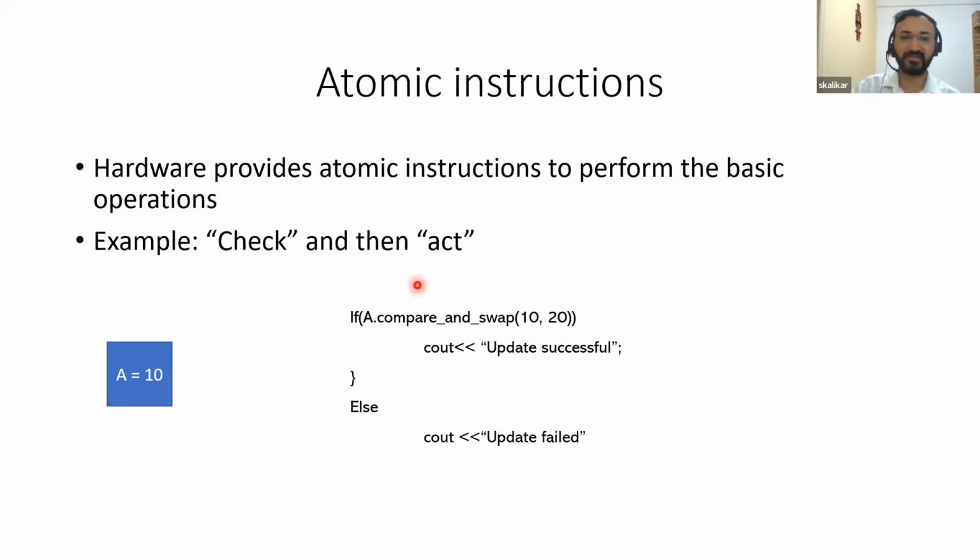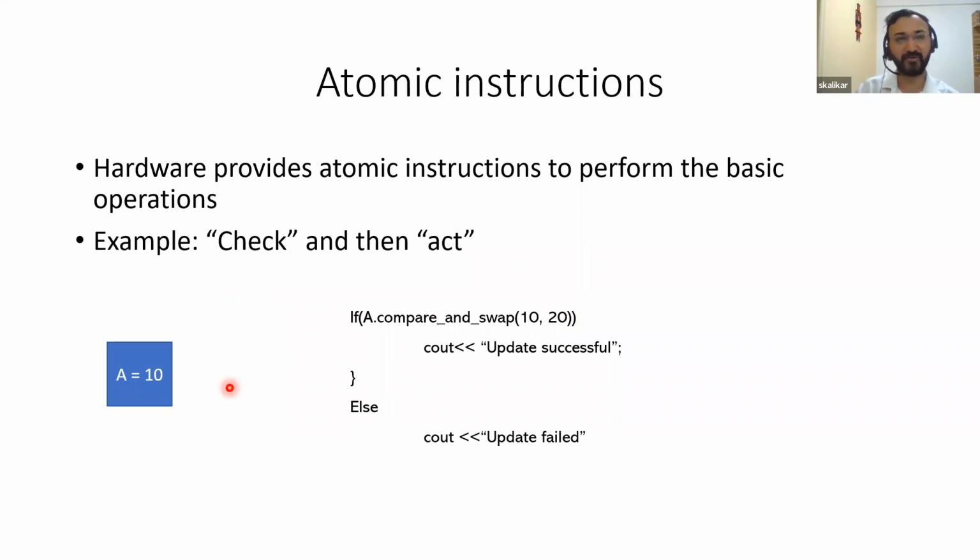So what this instruction supports is a handle such that, suppose there is a variable a which is currently holding the value 10, and now you want to write a new value 20 to this a if the previous value is 10. If you summarize the program, it is: if a equals 10, then a equals 20.